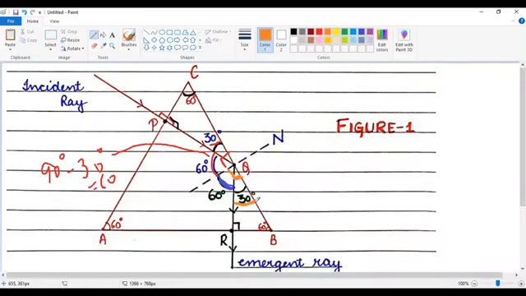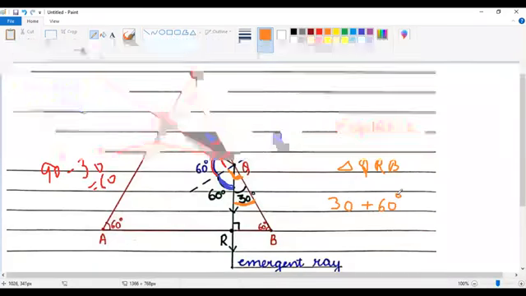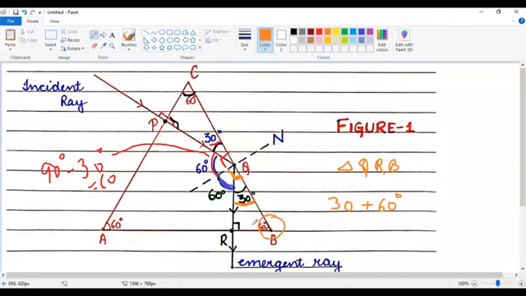If you see triangle QRB in figure number 1, one angle is 30, one angle is 60 since it is an equilateral prism. So if we take the third angle as X, we can find X to be 90 degrees.